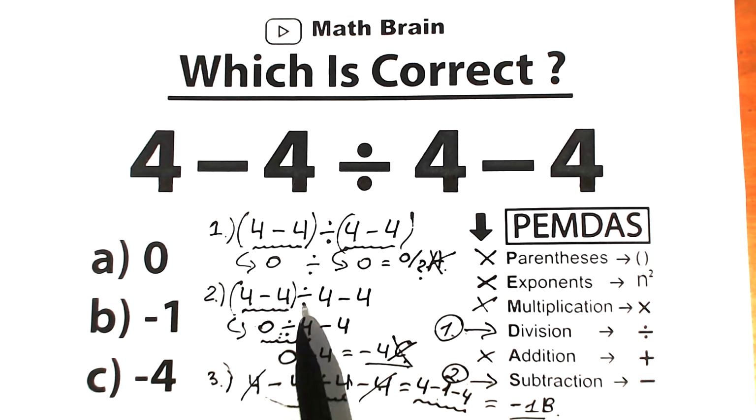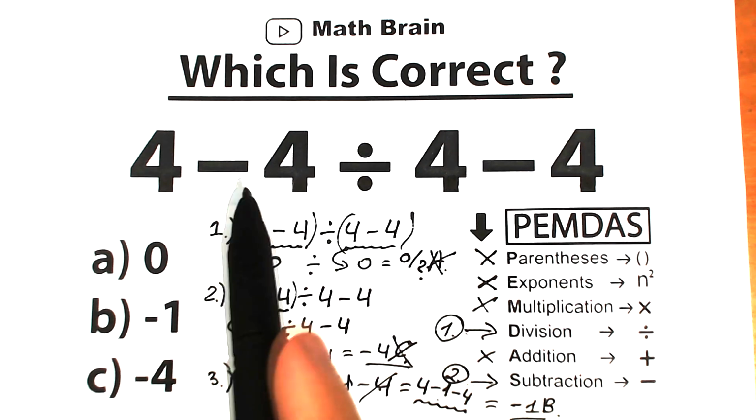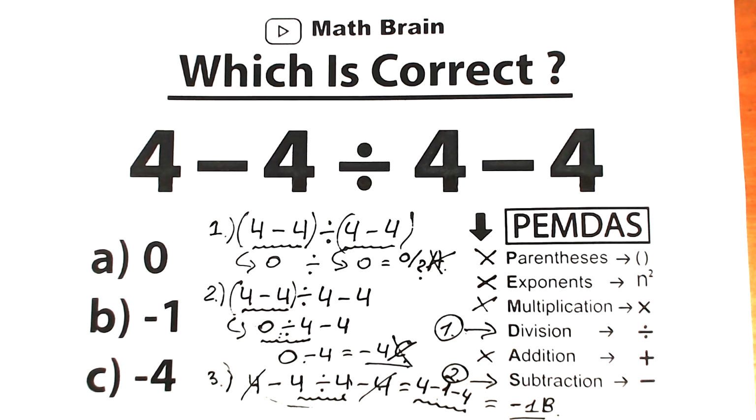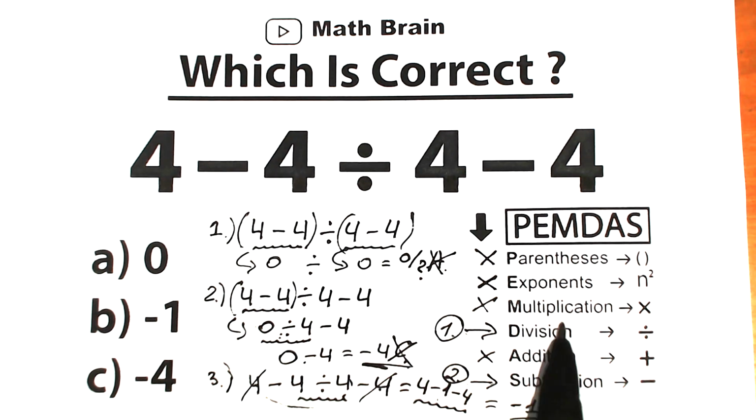If you solve the problem like that, your calculator gives you -4. But try to find a calculator where you can plug in the whole problem. If you plug in the whole problem, then your calculator is smart enough to know about order of operations. If you plug this problem into a regular calculator, sometimes it gives you -4, which is an absolutely wrong answer. So try to find a calculator where you can plug in the whole problem.